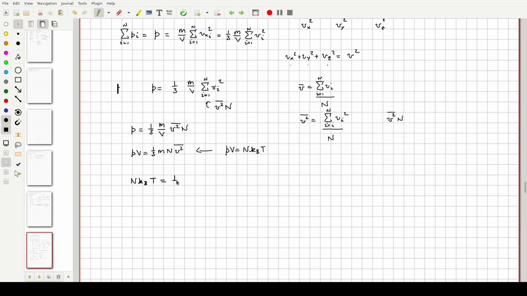On the right-hand side, I have 1/3 m times N times v squared average. Now, the Ns cancel. I have a k sub B T on the left-hand side. On the right-hand side, I have 1/3 mass times the mean square of the velocity.